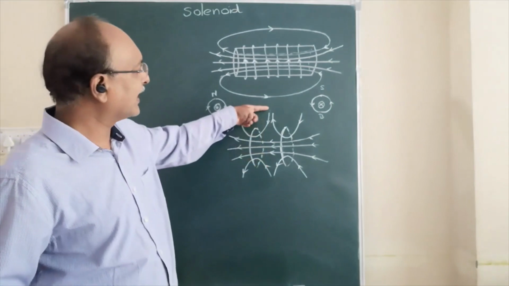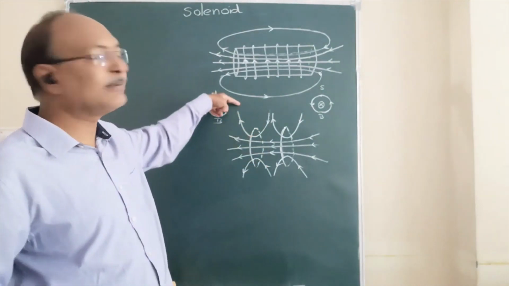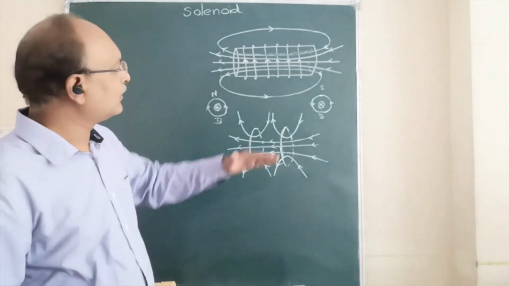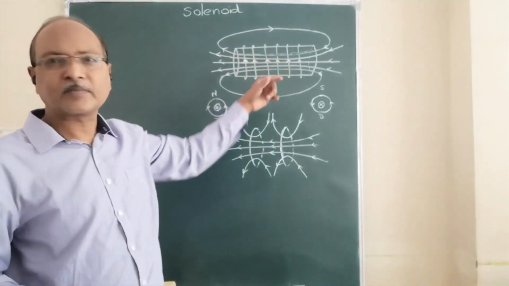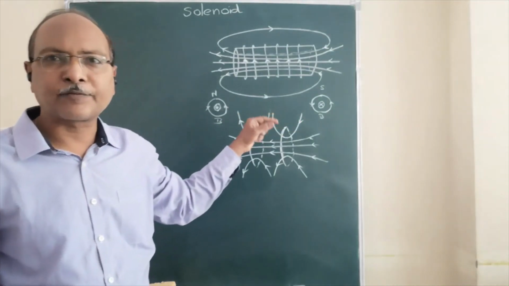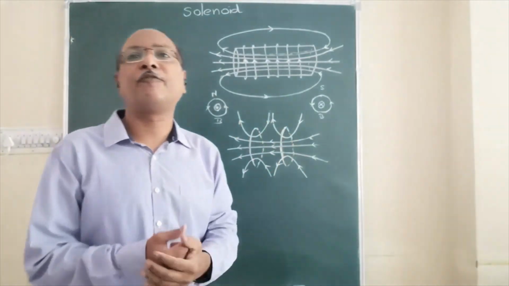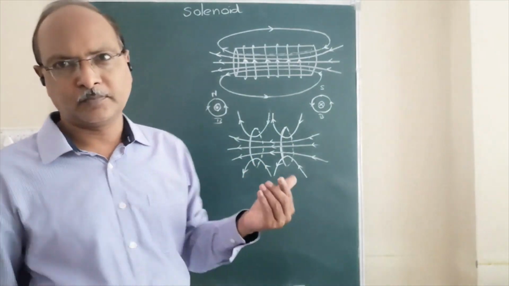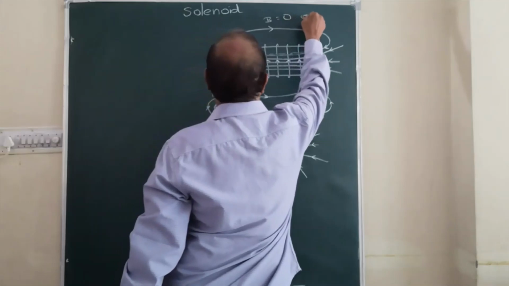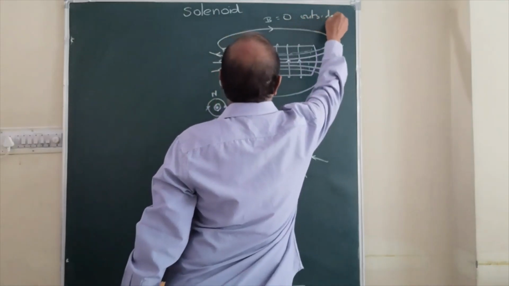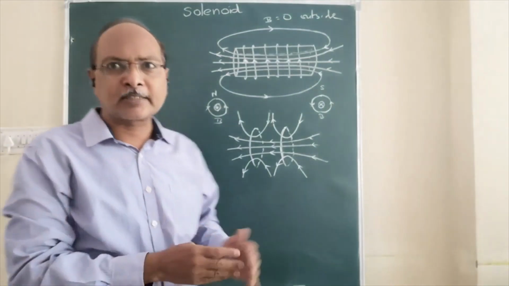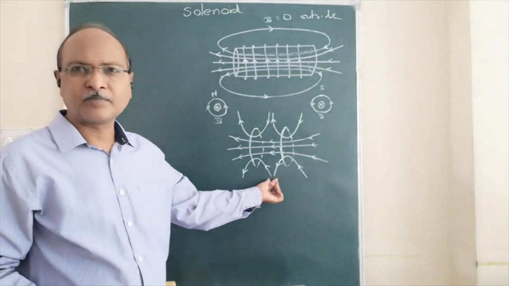Here also they enter the south pole and come out of the north pole. Now what we can observe is, outside the solenoid, the magnetic field lines are opposite. Therefore, the magnetic field becomes zero. So B is equal to 0 outside, on both sides, because the magnetic field lines are opposite.